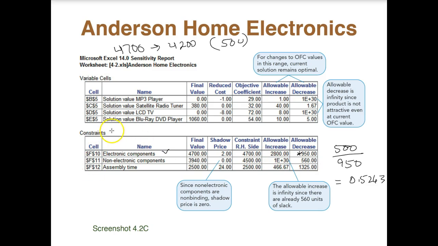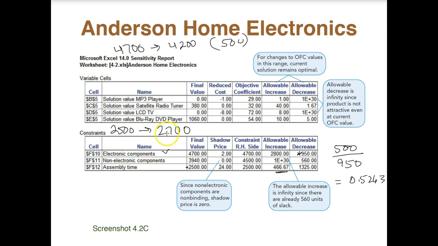Similarly, we also talked about taking our assembly time and increasing that from 2,500 hours to 2,700 hours. We know that the allowable increase is 466.67 hours, so that fits within that.